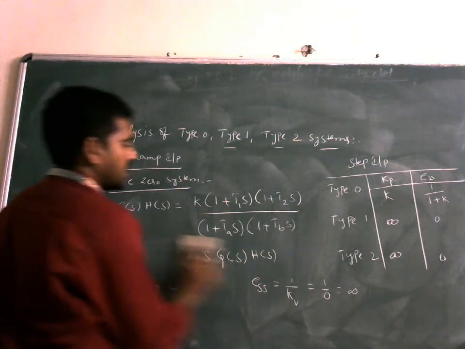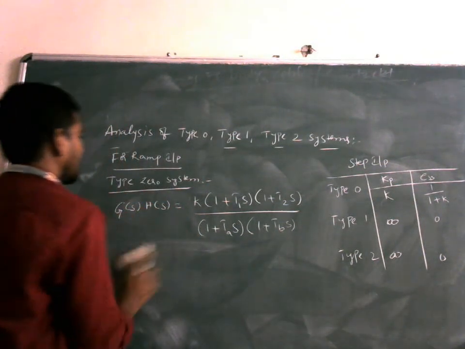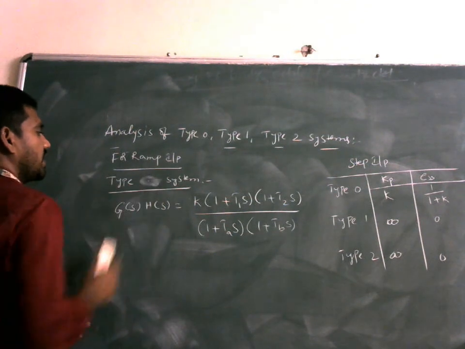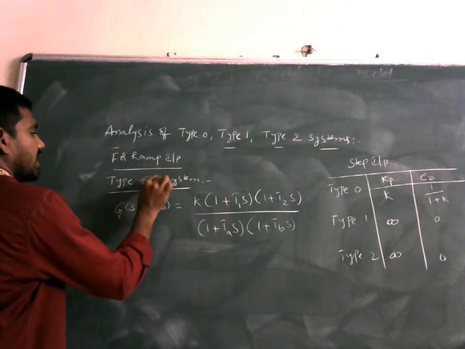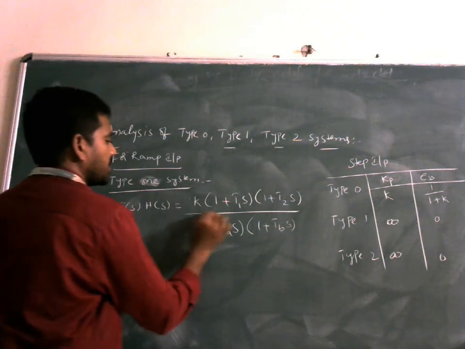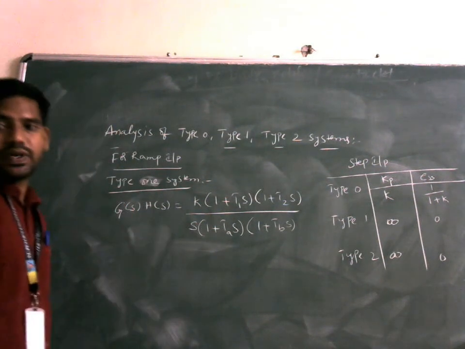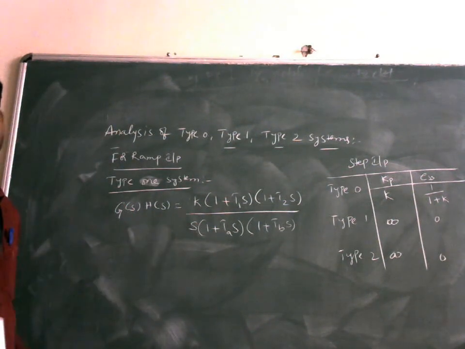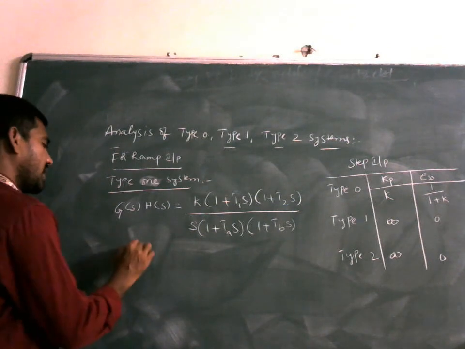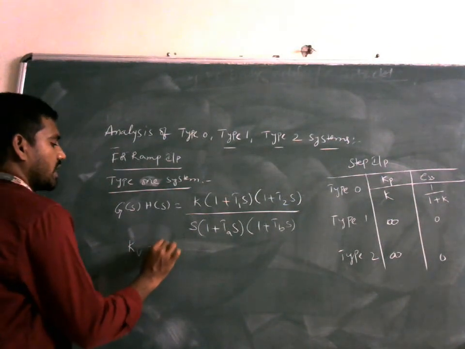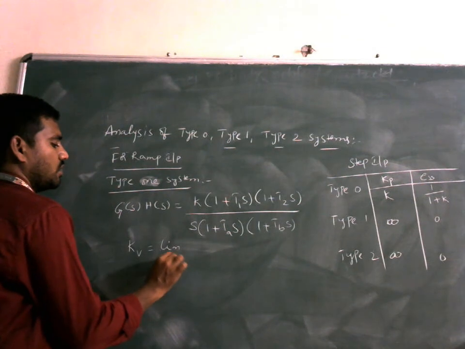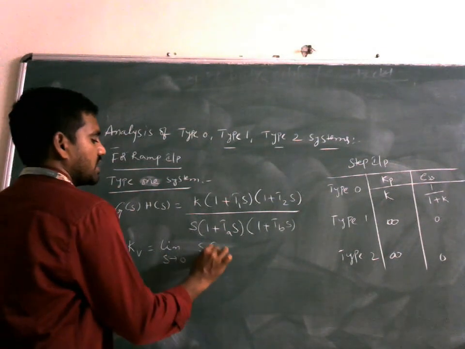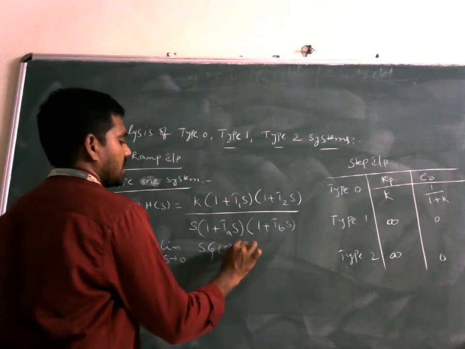Similarly, for a type 1 system, what is the change? We are going to get s into (1 plus TAS) into (1 plus TBS) in the denominator. Now similarly, what is the Kv value? Kv is limit s tends to 0 of s into G of s into h of s.